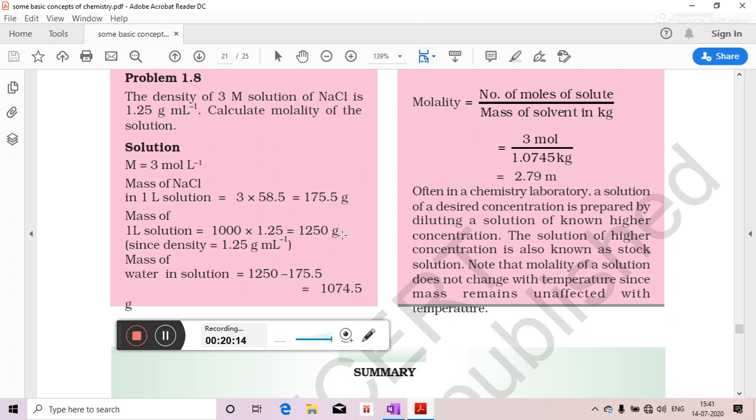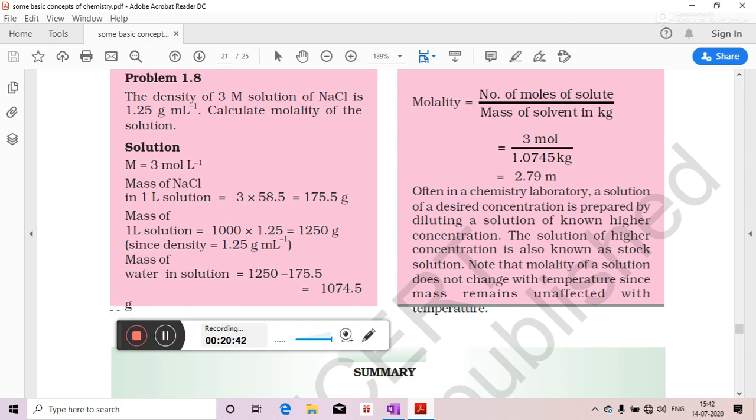Now in order to find out molality, we require mass of solvent. So what will be the mass of solvent? That is equal to mass of solution minus mass of solute. So mass of solution is 1250 minus mass of solute is 175.5. So on subtracting, we will get mass of solvent as 1074.5 gram.